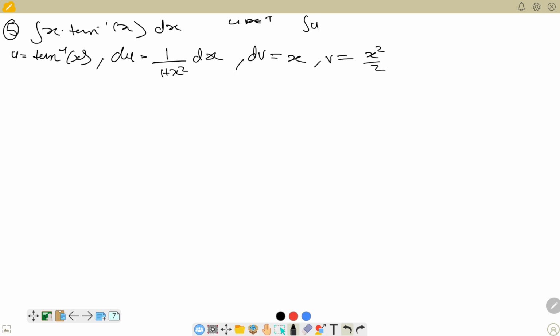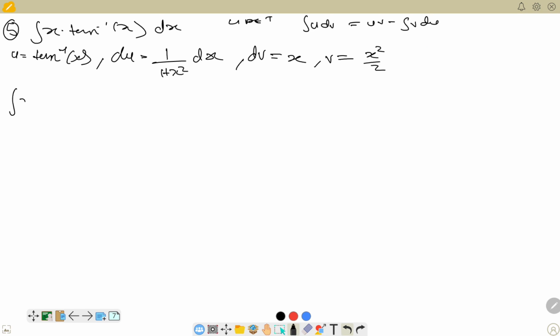Then again, let's remind ourselves of the formula. It's uv minus the integral of v du. These formulas, when you work with them, you won't forget them, but it's always advisable that you write it there so that when you are substituting, you don't substitute wrongly.